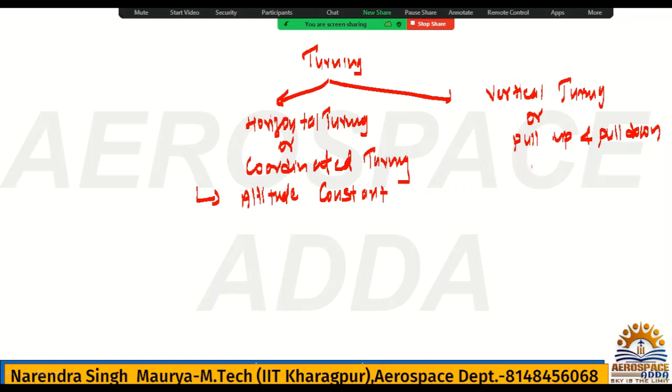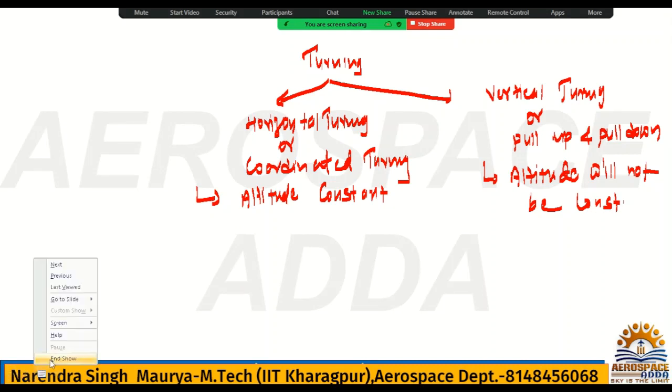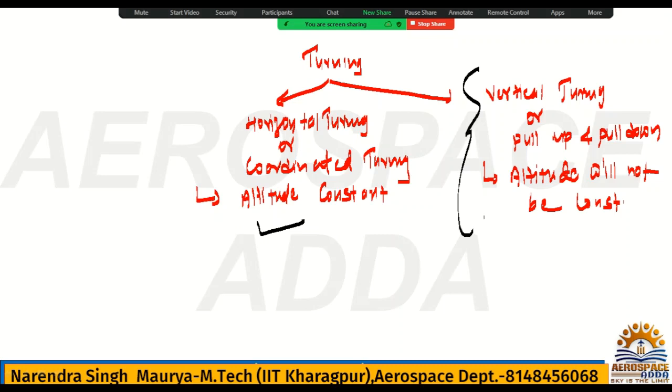Okay, and in this case altitude will not be constant. So basically, in the last 4-5 lectures, this part is what was covered. Now we are going to see this vertical turning, which is also called pull up or pull down.